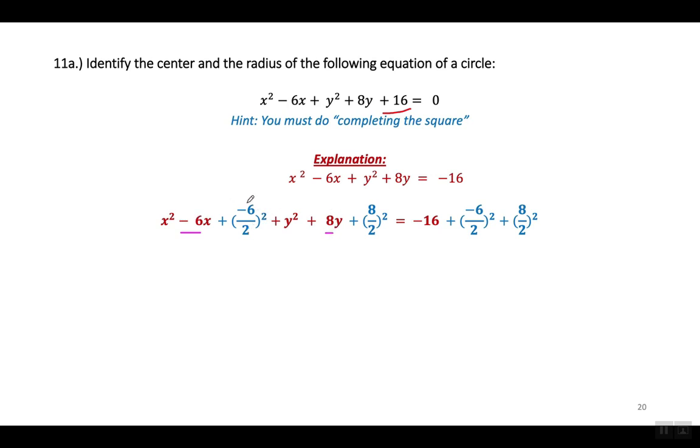So I'm taking negative 6 divided by 2 and squaring it. And this positive 8, I'm going to divide by 2 and square it. Whatever you add to one side, you have to add to the other side. So on the left side of the equation, I'm adding the numbers in blue, and those same numbers are being added to the right side of the equation.